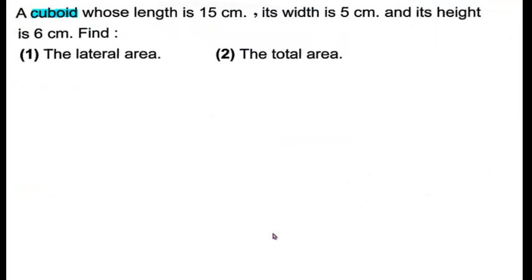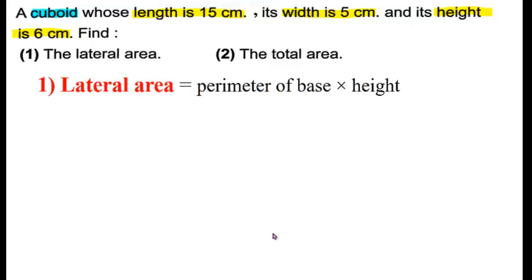A cuboid whose length is 15 centimeters, its width is 5 and its height is 6 centimeters. We want to calculate the lateral area and the total area. We said that the lateral area is equal to perimeter of base times height, and the cuboid, its base is in the form of a rectangle.